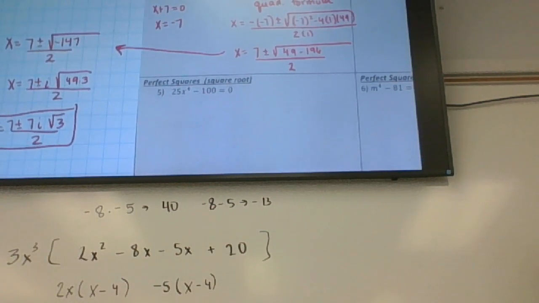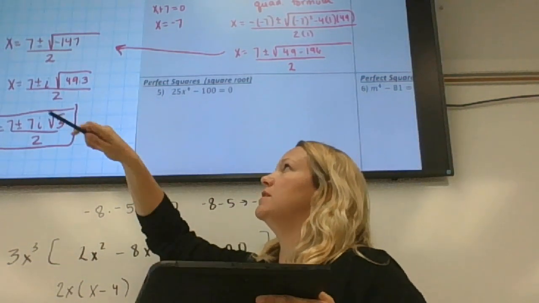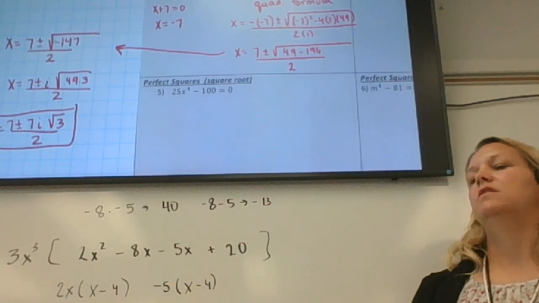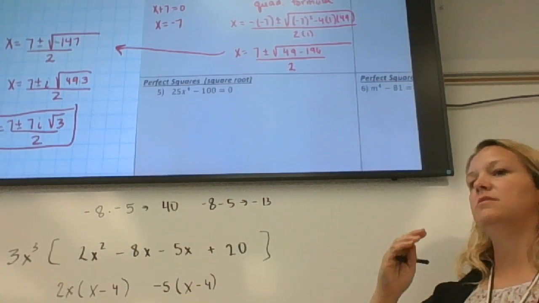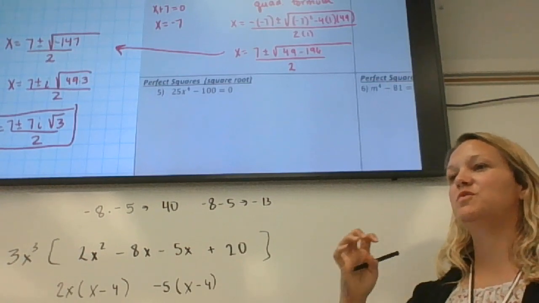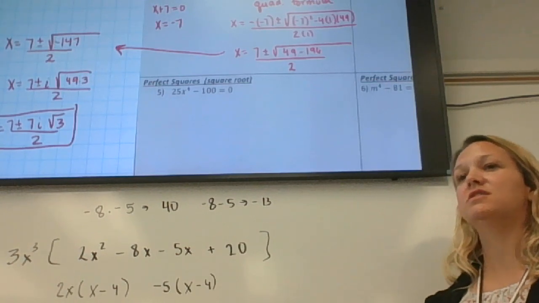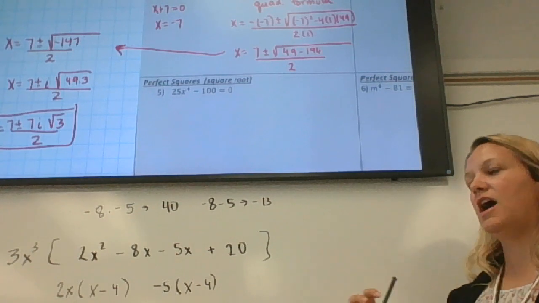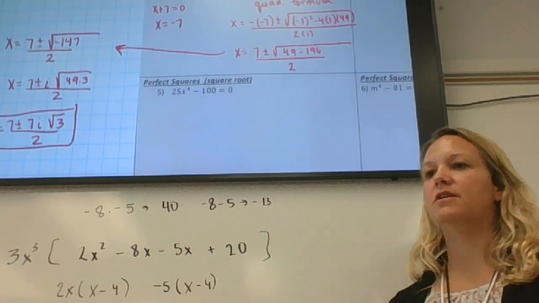Why do you have 49 times 3? I'm simplifying a square root, so make this note to yourself, like YouTube, how to simplify square roots. Or simplest radical form, which is a topic in geometry, algebra 1, and first semester.